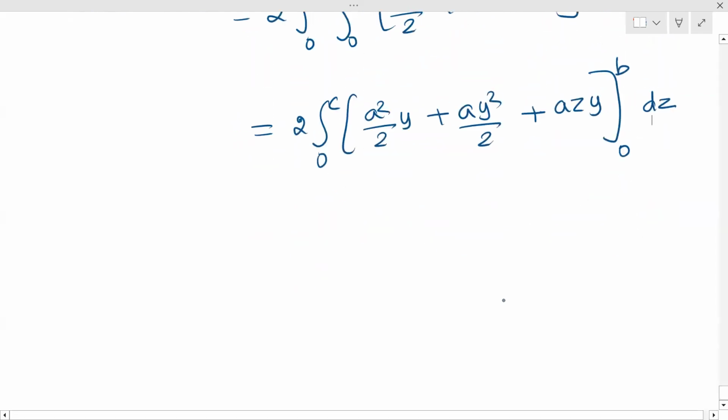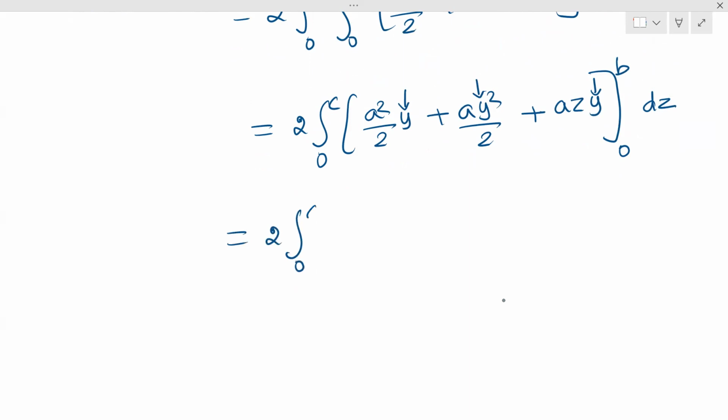Now applying the limit for y, we get 2 times integral 0 to c of a square by 2 b plus a b square by 2 plus a z b. Now the inner and middle integrations are over.